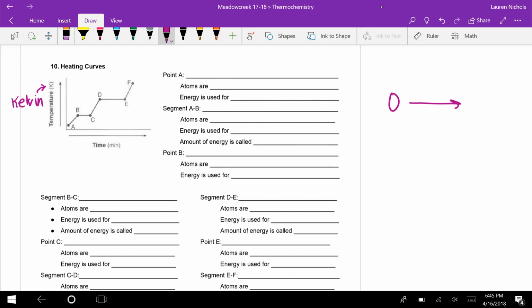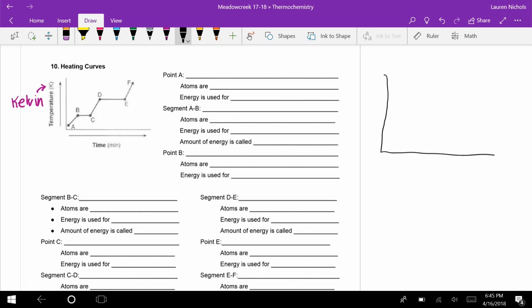And so with time, we're measured in minutes, and we can see as time goes on, my substance, whatever this is, is heating up. My temperature is going upwards, okay? So that means my average kinetic energy is going up, the overall speed of my molecules is speeding up. Now, you can imagine that there is also the reverse, right? So if you look over on the right, I'm just going to draw a picture.